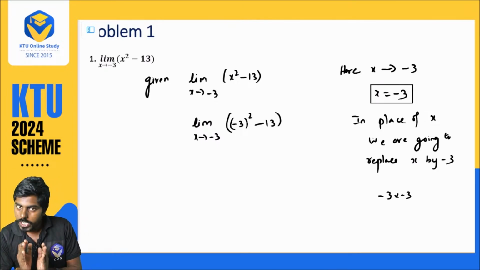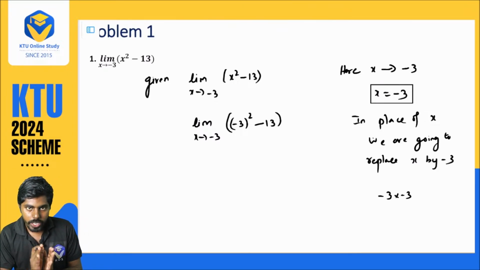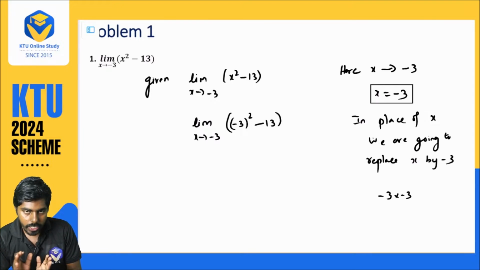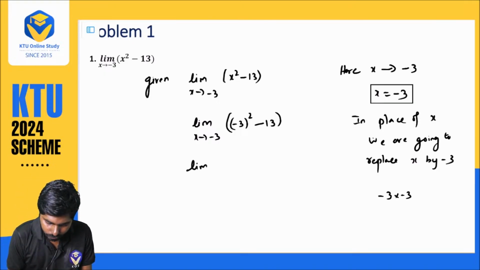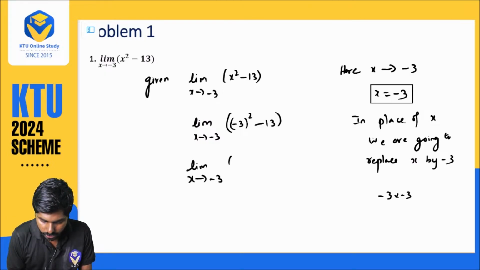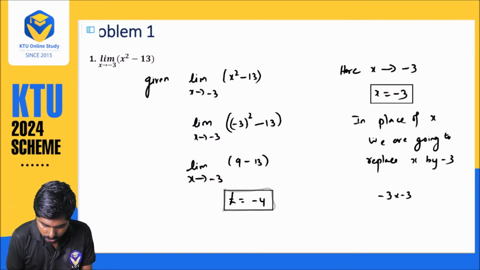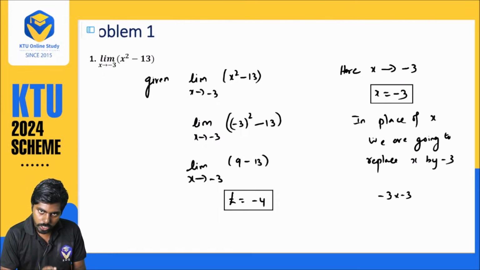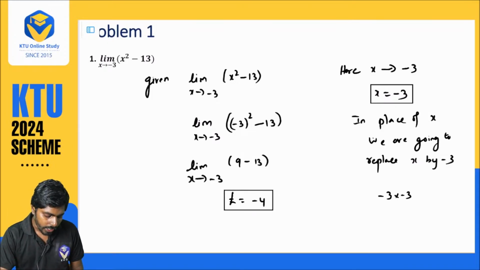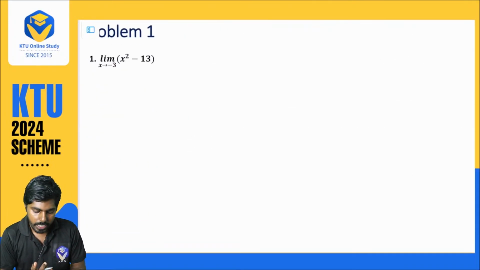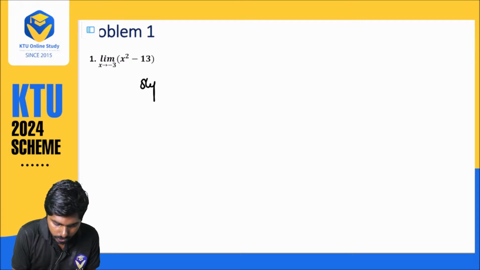You can use the calculator in the exam hall for any kind of multiplication or calculation. -3 into -3 gives 9. So 9 minus 13, and we get L equal to -4. This is a way we can write the answer, and it is also correct, but when you write in a step-wise method, it carries extra marks.